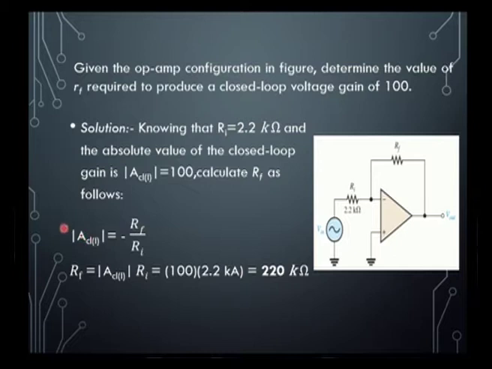We know the formula for inverting amplifier voltage gain, ACL is equal to minus RF divided by RI. Substituting the values that we know and simplifying, RF is equal to ACL into RI, that is 100 times 2.2 k ohm, which is 220 kilo ohms. This will be the value of resistor RF.